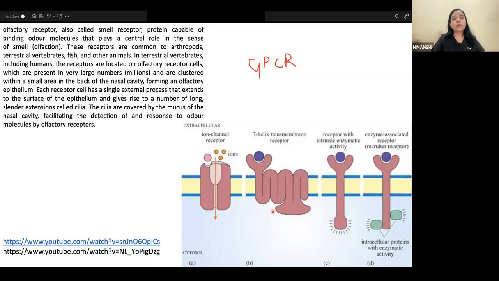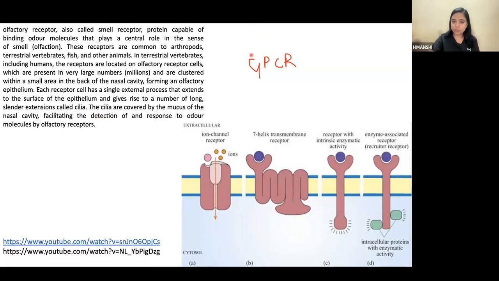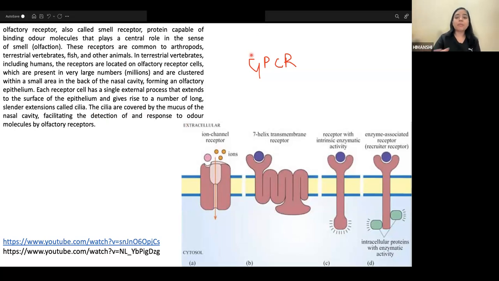So talking about the olfactory system, our olfactory receptors, also called smell receptors, are proteins capable of binding odor molecules that play a central role in the sense of smell, correct? These receptors are common to arthropods, terrestrial vertebrates, fishes, and other animals.